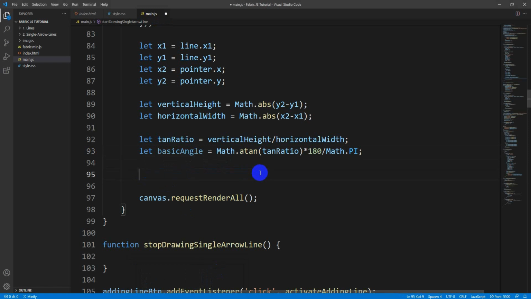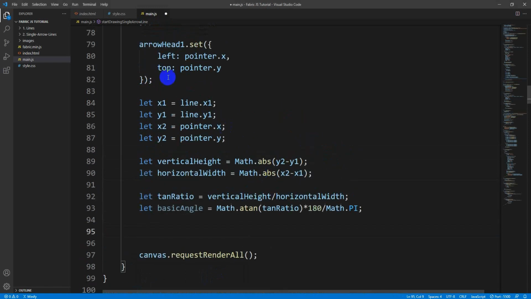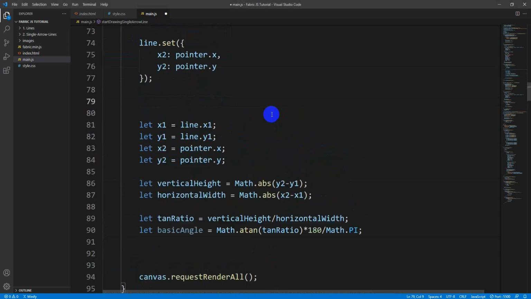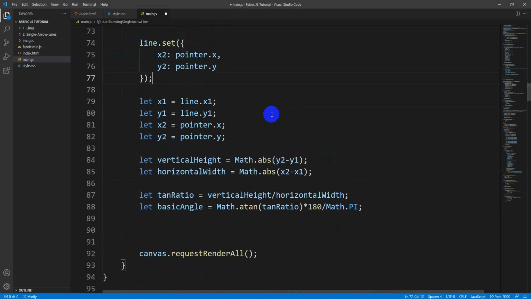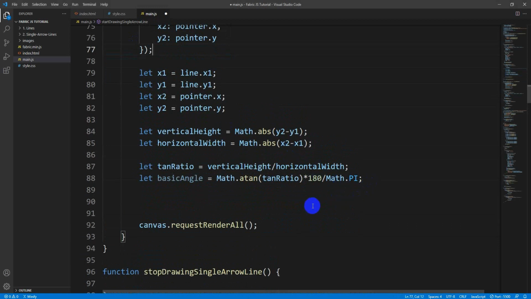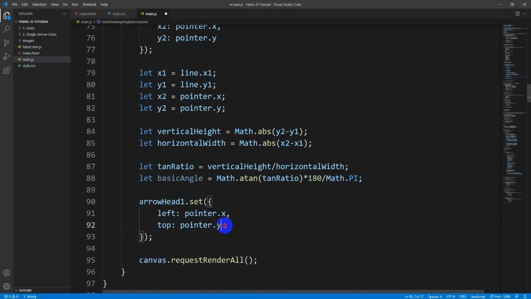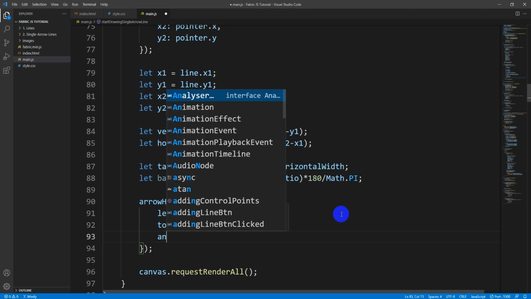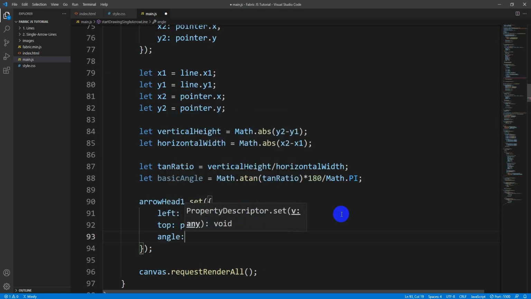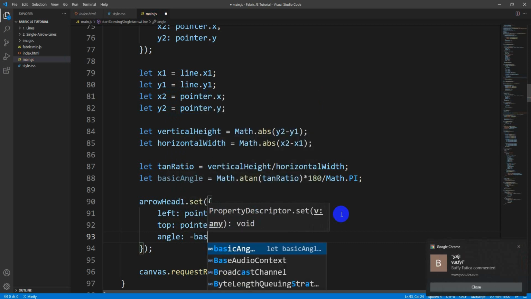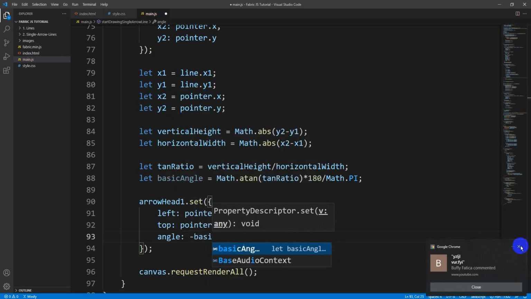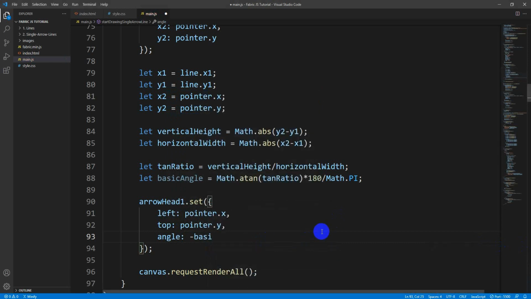We can cut this out and paste it down over here, and the angle must be the negative of the basic angle.